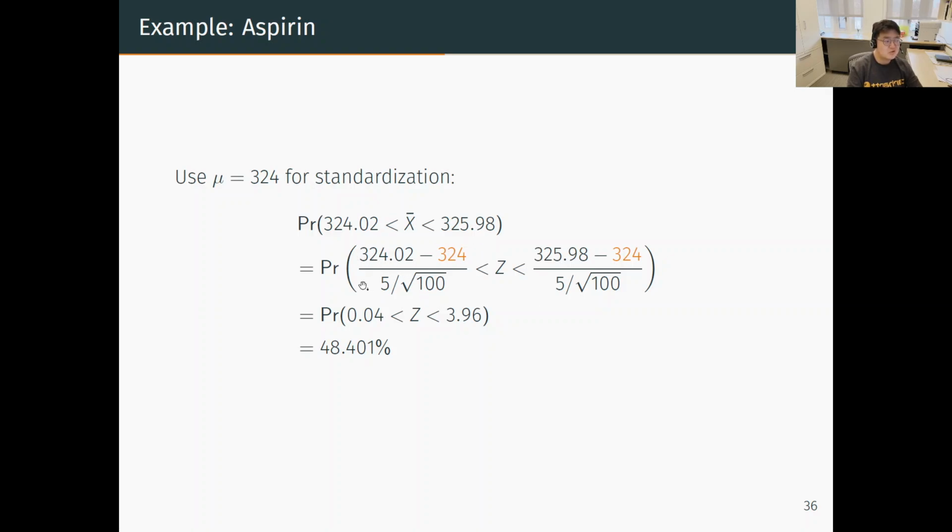So you just calculate these two numbers, which are 0.04 and 3.96, and you find the probability from Excel, right? That is 48.4%. We learned how to calculate this probability in chapter 6, okay?